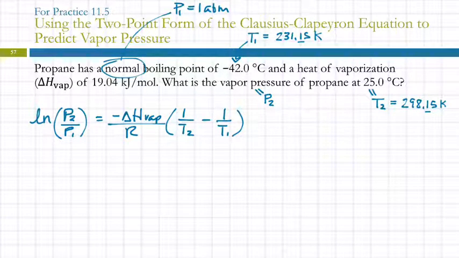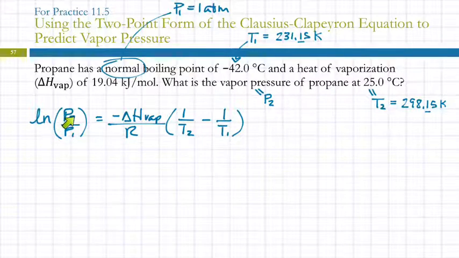Often overlooked fun fact, or not so fun. You could multiply by 760 and turn it into torr, but because this is a ratio, any pressure unit will be fine.